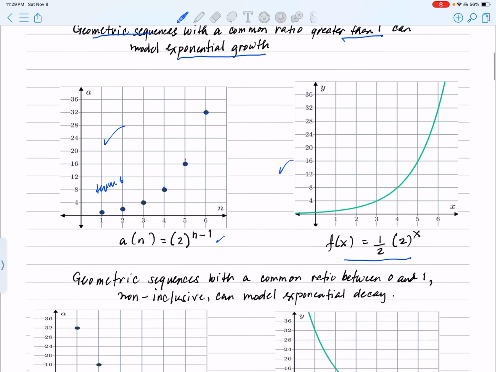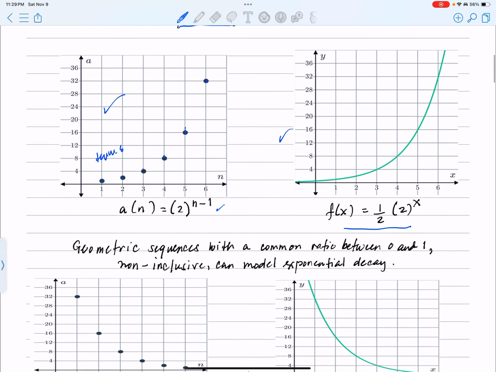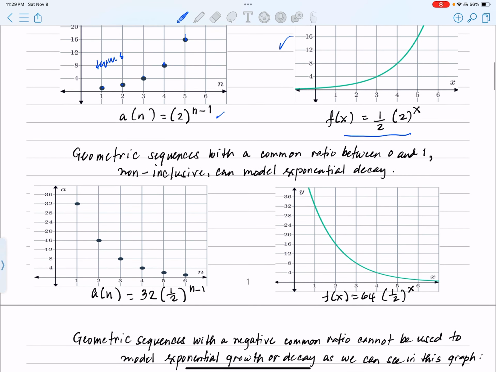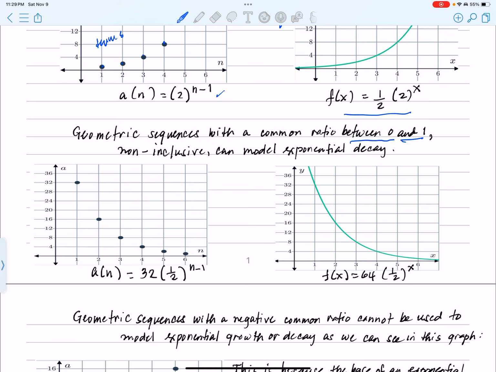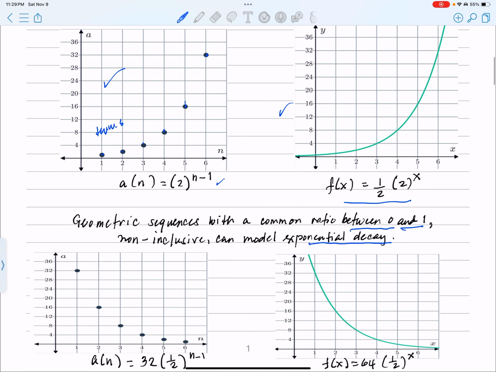Geometric sequences with a common ratio between 0 and 1, non-inclusive, can be modeled by exponential decay. So if you look at the direction of the graph here, you know it's greater than 1 because it's going up.